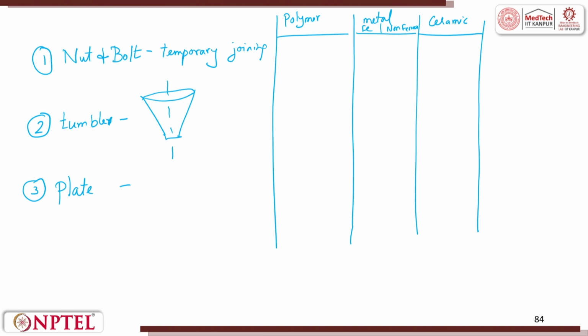So, you can try to have a table. For each of these things, when I say a plate, it is for a dining plate; a nut and bolt is basically for joining. So, you can try to see what alternatives I can have for the same application.